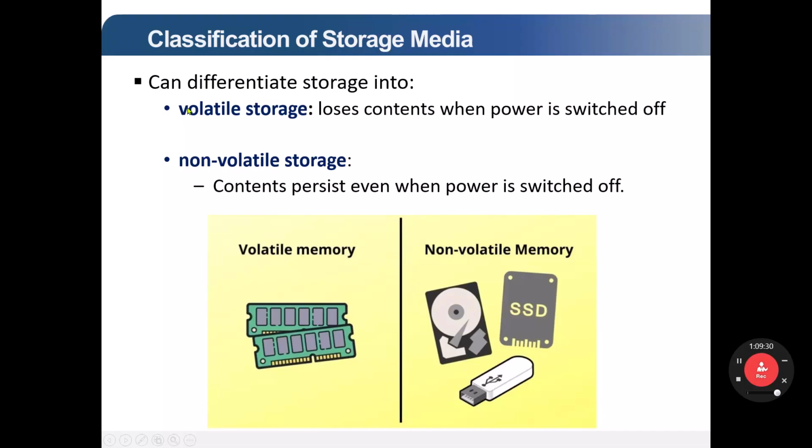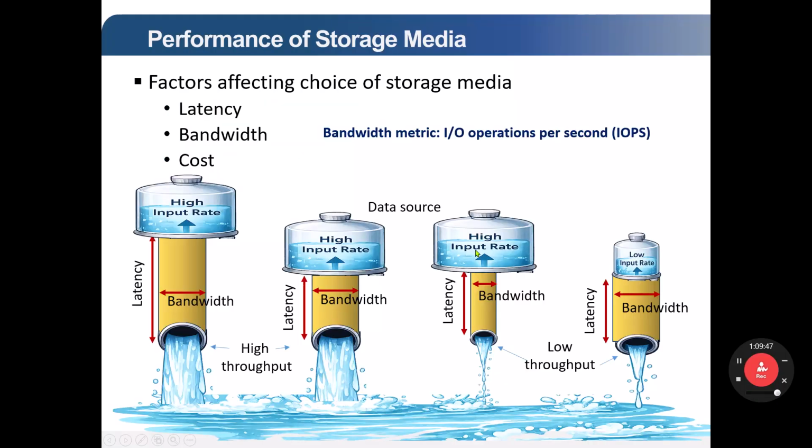Storage systems can be classified into volatile storage and non-volatile storage. Main memory is volatile. It loses data when it loses power, whereas SSD and hard disk drive keep the data even if power is switched off. And main memory and storage devices have their own performance characteristics.